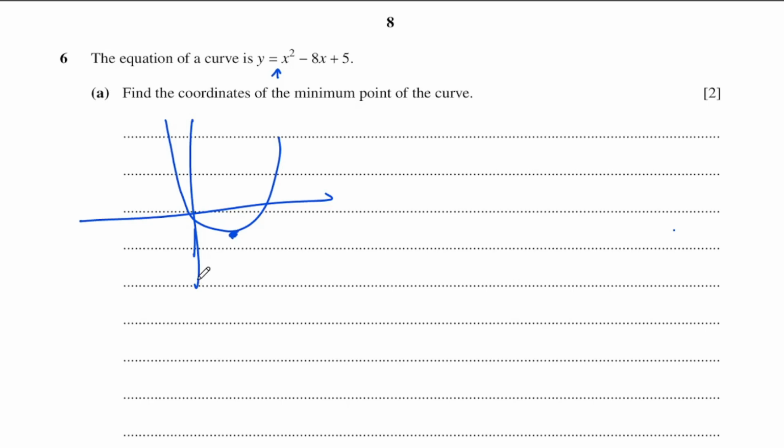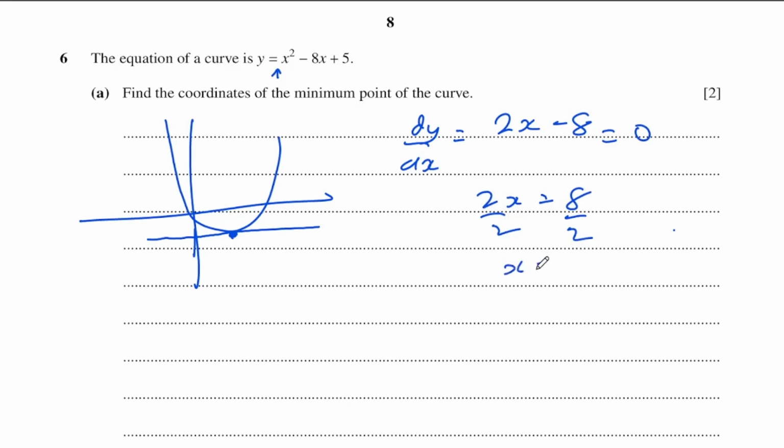Now, a characteristic of the minimum point is that the gradient of the tangent is 0, and the way you find the gradient of the tangent from the formula is to find your dy over dx. So dy over dx in this case is going to be 2x minus 8, and we just need that to be 0. So 2x equals 8, over 2 over 2, x will equal 4.